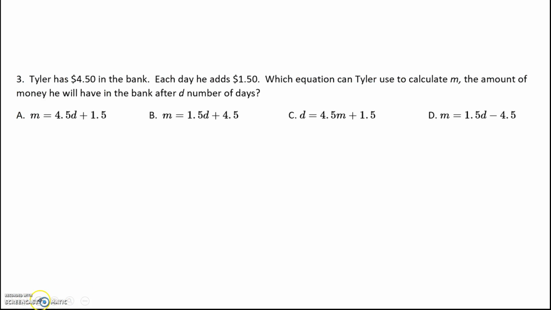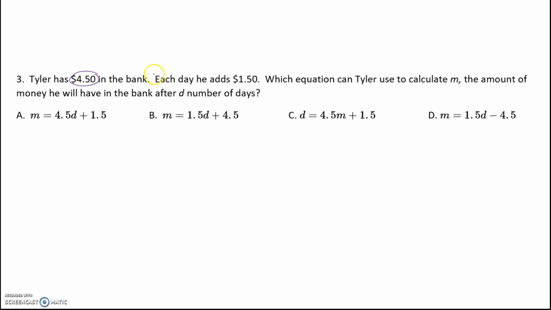All right, so number 3 says Tyler has $4.50 in the bank. Each day he adds $1.50. Which equation can Tyler use to calculate M, the amount of money he will have in the bank after D number of days? So he has $4.50 in the bank, that's the amount of money we're starting with, right?